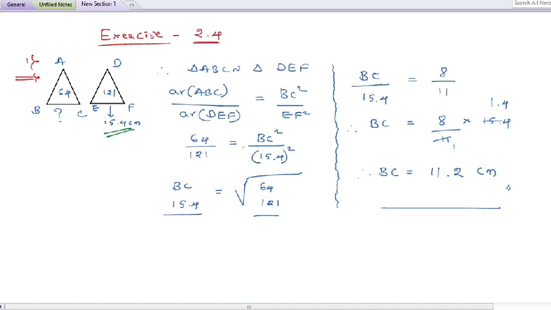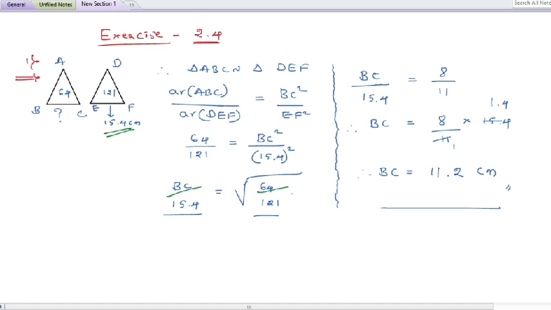So this square comes to here, it becomes square root. So, we can write BC divided by 15.4 is equal to square root of 64 by 121. Square root of 64 is 8, square root of 121 is 11.